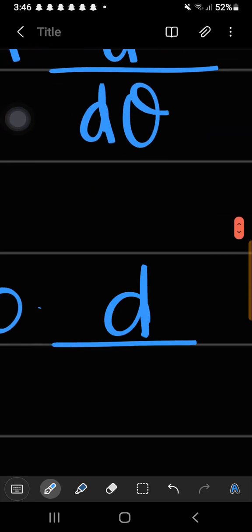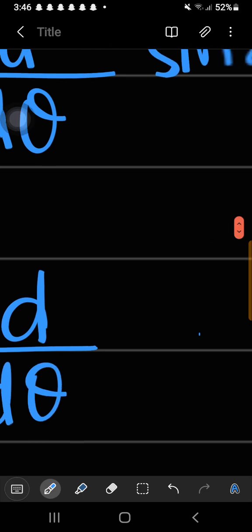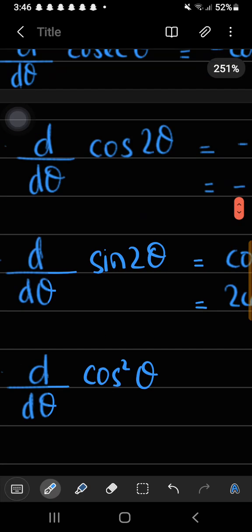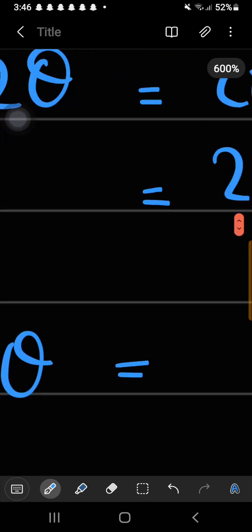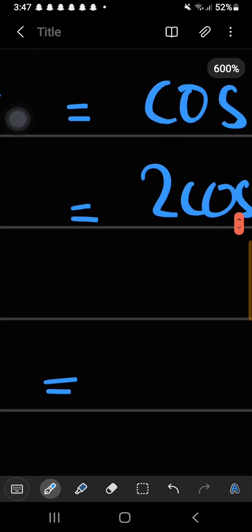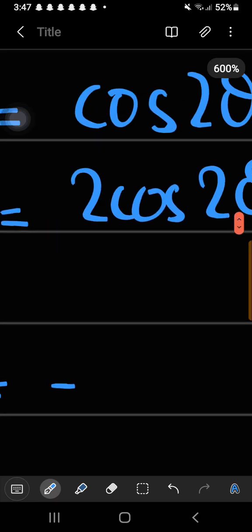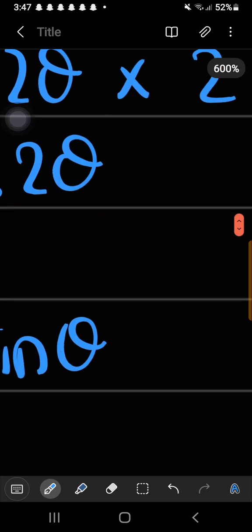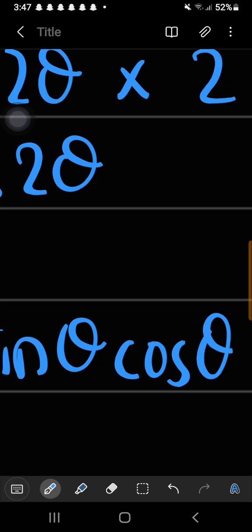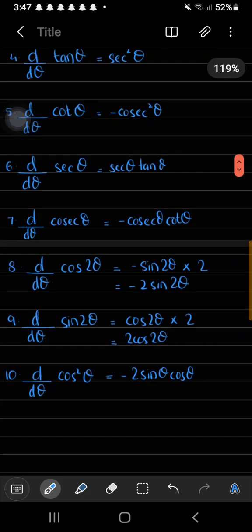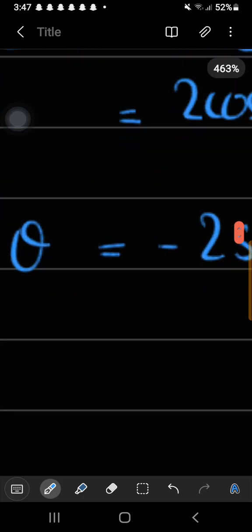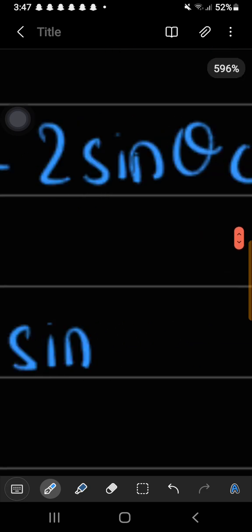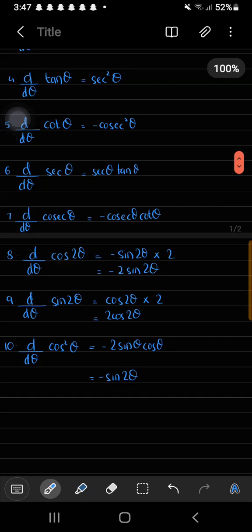Then 10th is d over d theta of cos square theta, so it will be negative 2 sine theta cos theta, okay? Cos square theta will be negative 2 sine theta cos theta, and it is equal to negative sine 2 theta, okay?